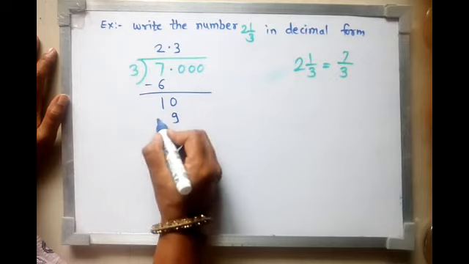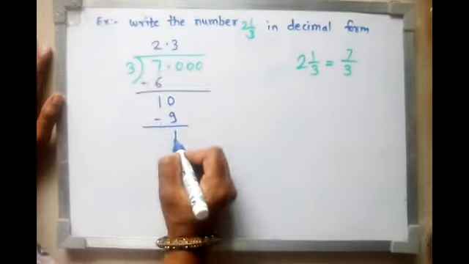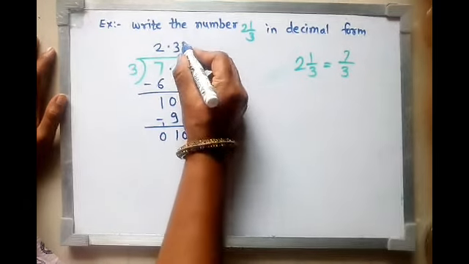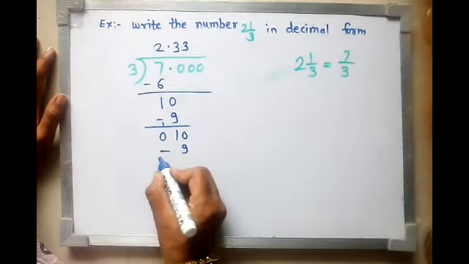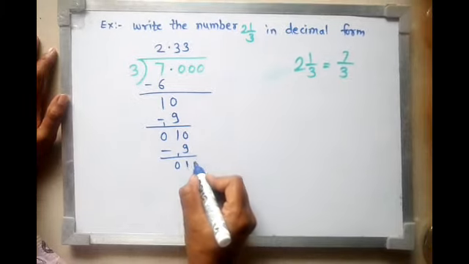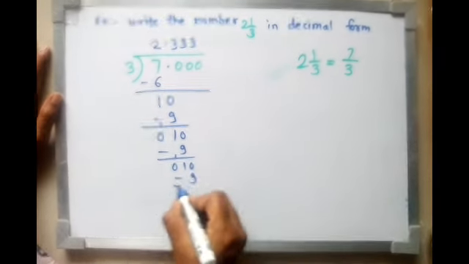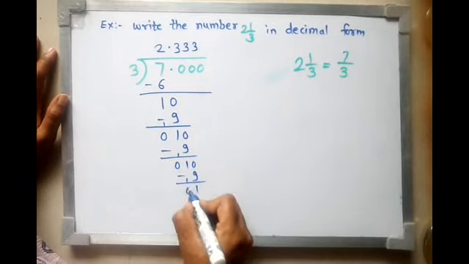I take 0. 3 3s are 9. Remainder is 1. I take 0. 3 3s are 9. And remainder is 1. 3 3s are 9.